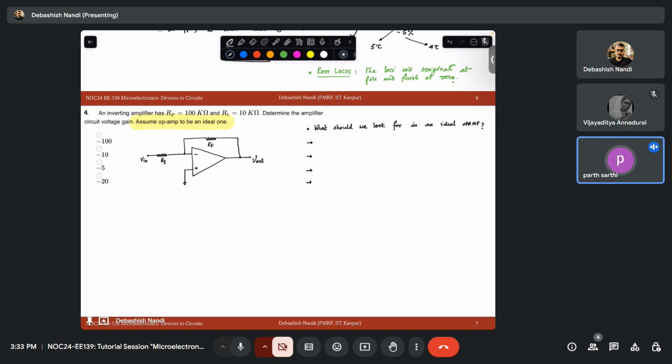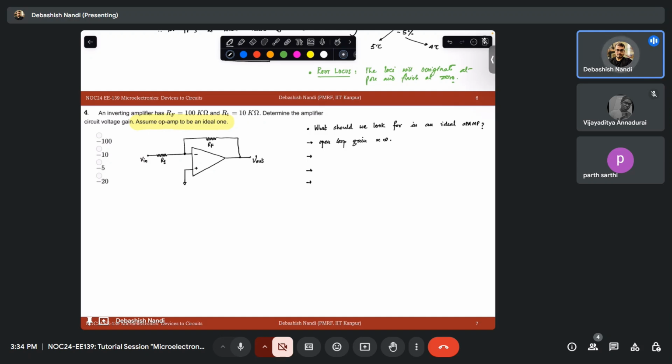CMRR should be infinite, gain should be infinity. Which gain? Open loop gain, right? Yes, open loop gain should be infinity. CMRR, let us not go into that because that is not relevant in this case. Obviously it can be made relevant, but the discussion will be a little more complex. So one thing is that.